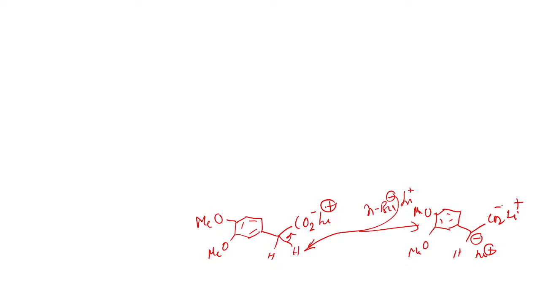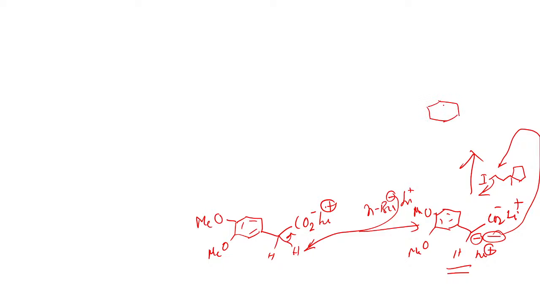Once you form this, then you add your alkyl halide. In this reaction, you are going to add alkyl iodide. It acts as a nucleophile and undergoes nucleophilic substitution here, then this will leave. You will get the alkylated compound. It is a two-step reaction.